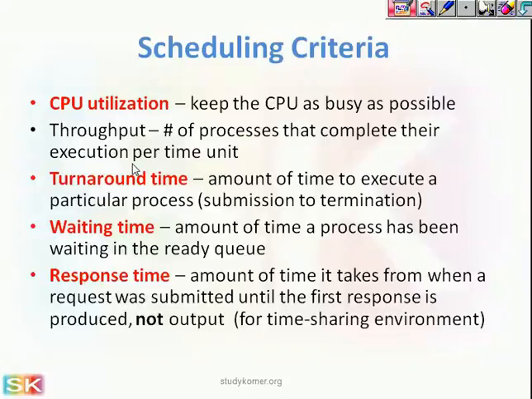Suppose a process is waiting for some IO device, then again that waiting time will be included in the waiting time of that process. Right? But when a process is executing in the IO, or it is busy to execute the IO, we cannot say that process is waiting at that time. Right?